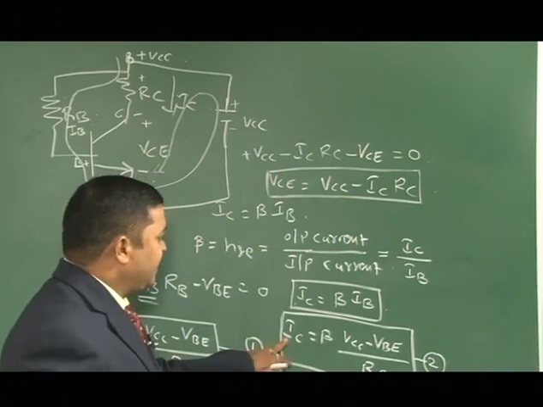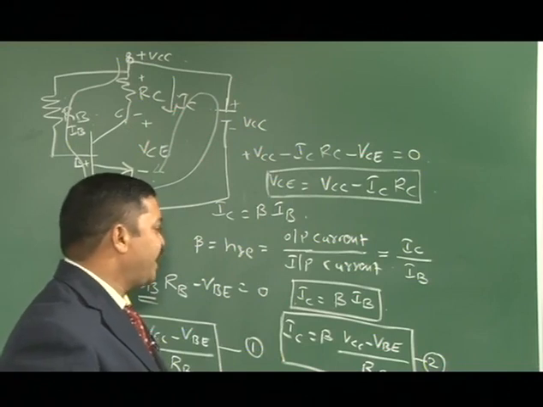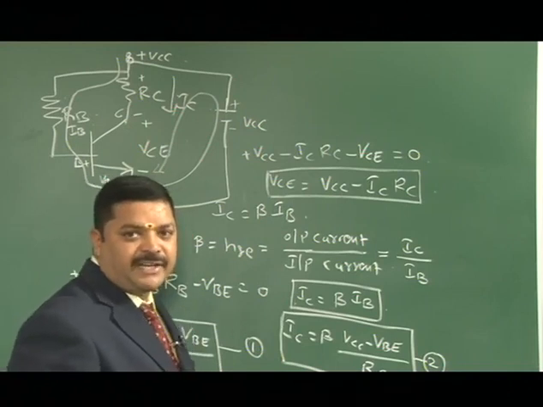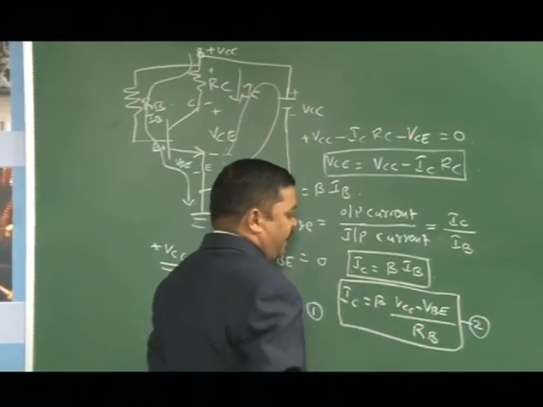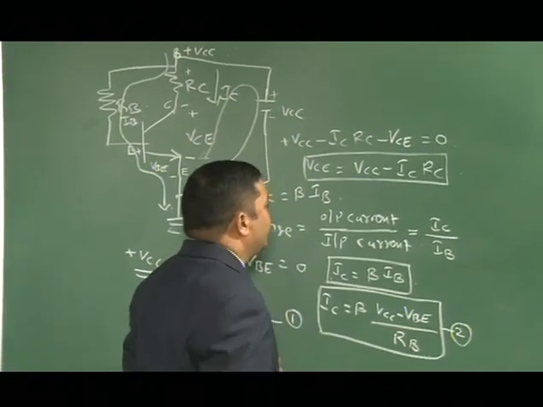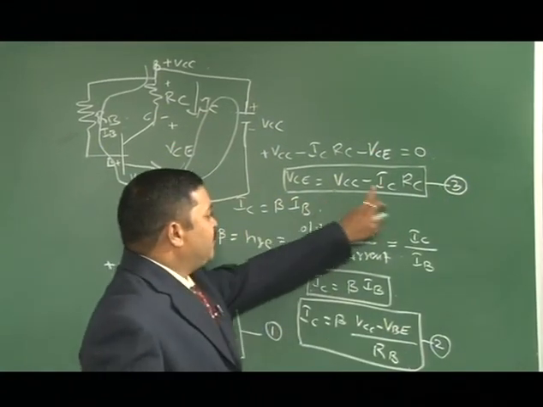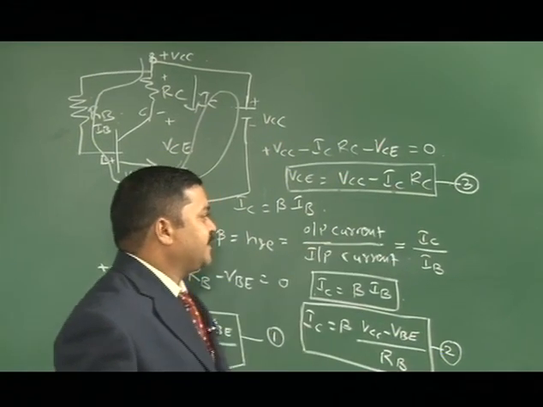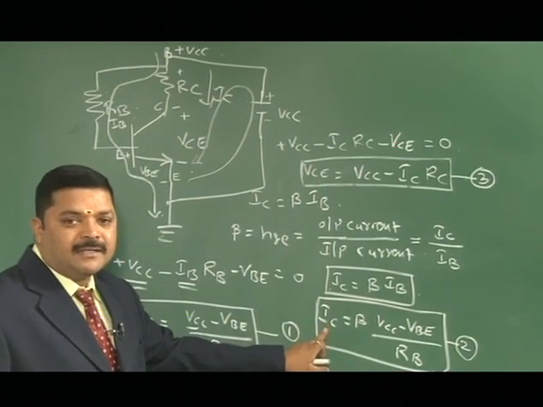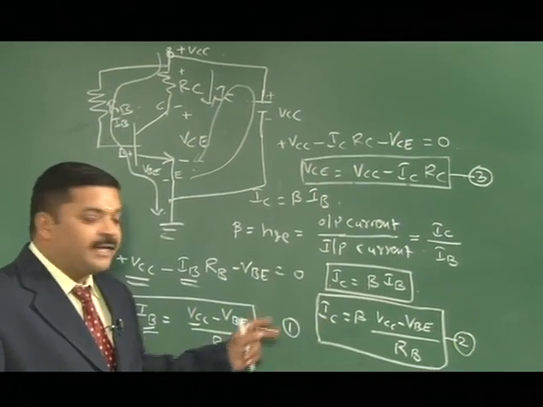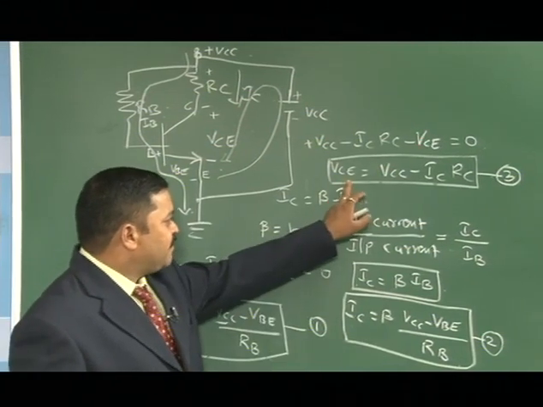Why did I find out IC and VCE? Because the operating point or the bias point or the fixed point is an ordered pair of IC and VCE. So, IC is given by beta times VCC minus VBE by RB, which is equation 2, and VCE is given by VCC minus IC into RC. So, I have found out VCE and IC. Therefore, I can easily write the operating point Q. Now, let us come to equation number 3.